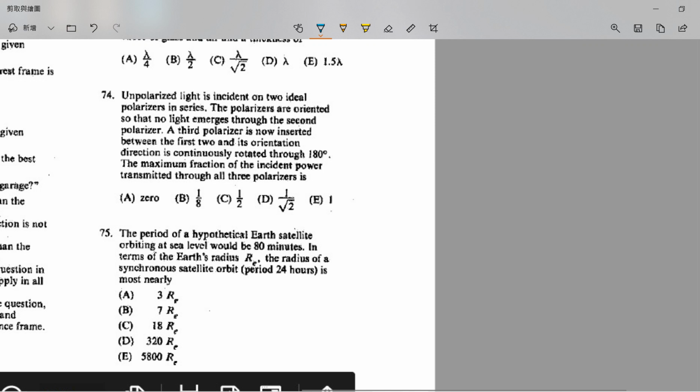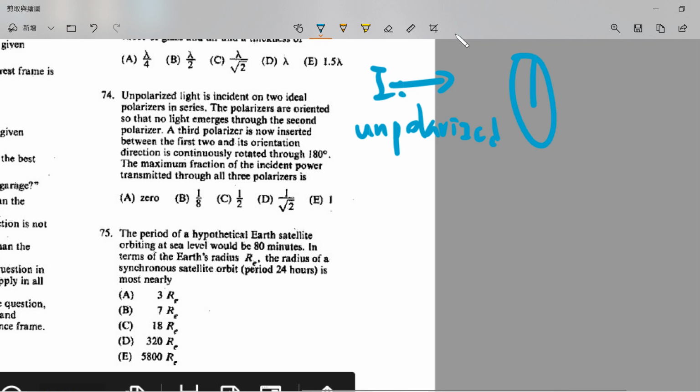In order to do this, you need to know two basic things. The first: unpolarized light passing through a polarizer has intensity I over 2, and the light will be polarized in that direction, so the polarizer fixes the direction. This is the first fact.